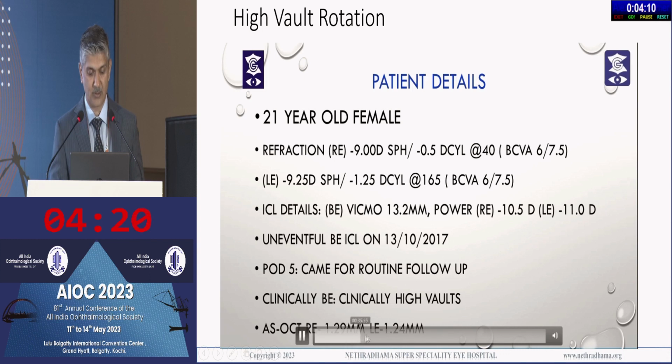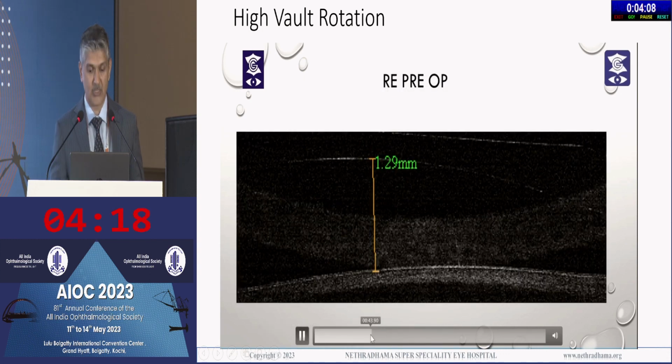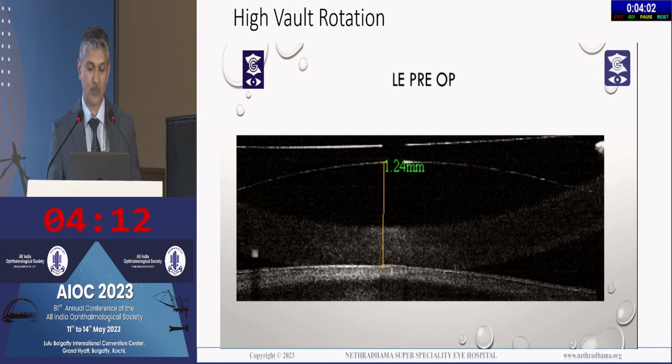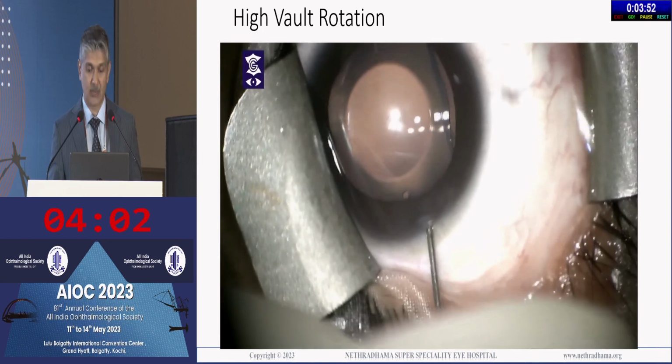So you can see this is the AS-OCT. Before rotation, the right eye it was 1.29 mm and left eye 1.24 in the center. If you have a very high vault, then you can have occludable angles, and it can go in for an angle closure.